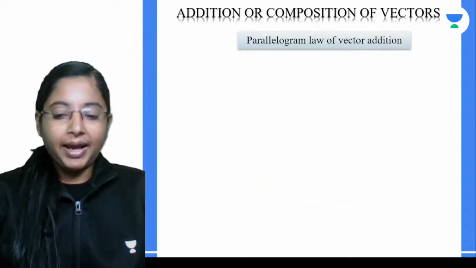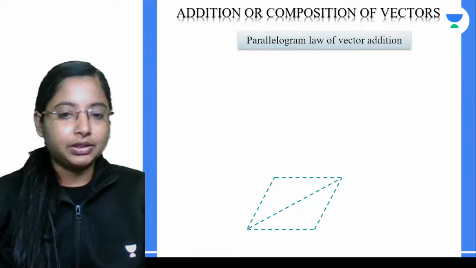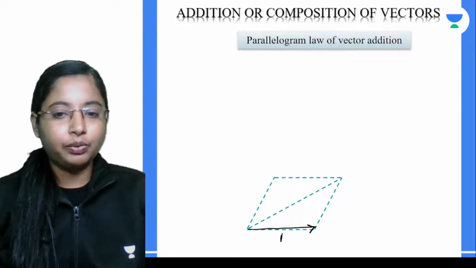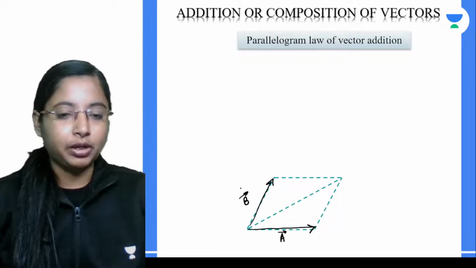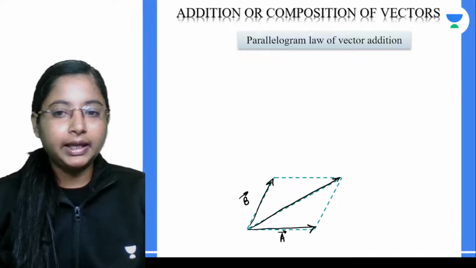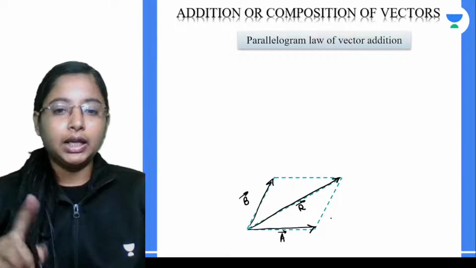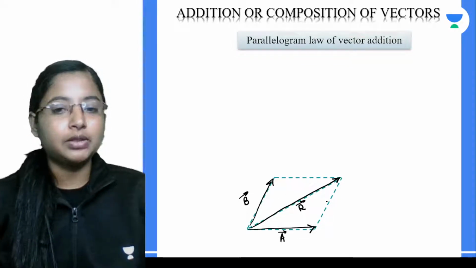Now the parallelogram law of vector addition is much simpler. You take these two vectors, let's say vector A as one side and vector B as another side of this parallelogram. Then the diagonal gives you the resultant R vector. Vector addition is commutative as well as associative.